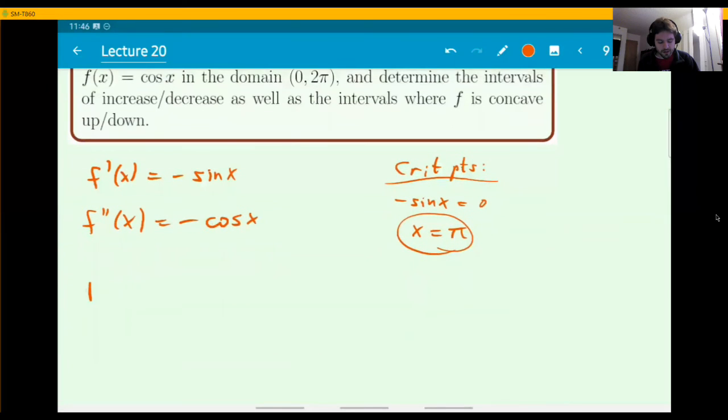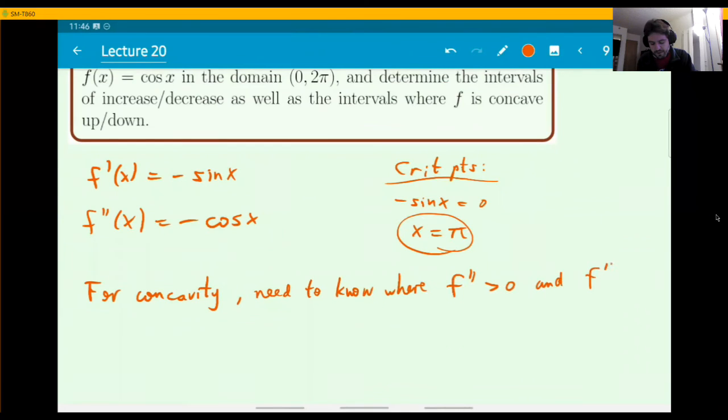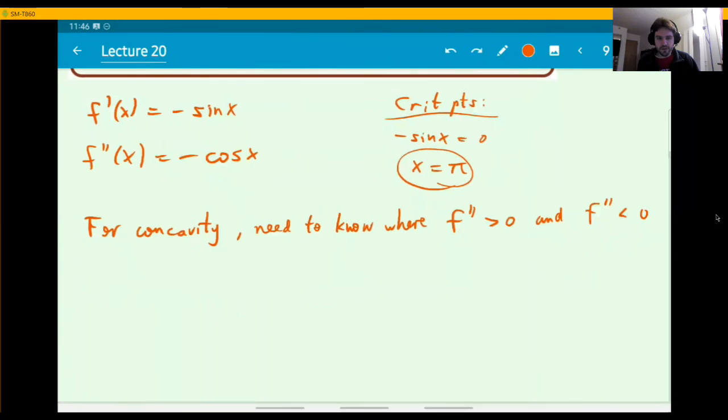So for concavity, we need to know where f double prime is positive and negative. And this is once again the same procedure. You have the function f double prime, minus cosine. So you can try to decide where it is 0 first, and then analyze separately the pieces that it breaks the interval into.